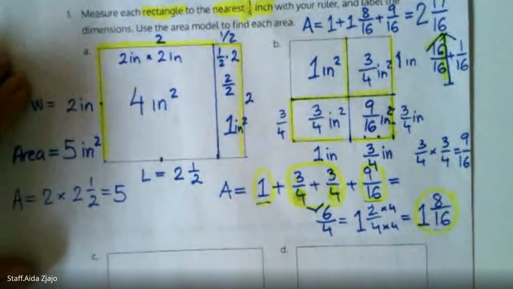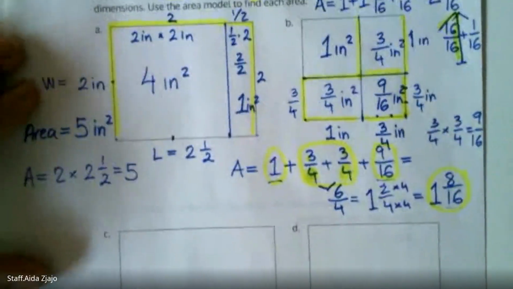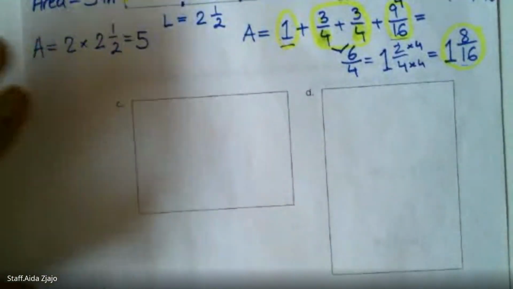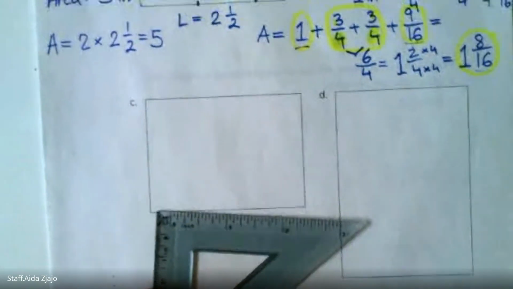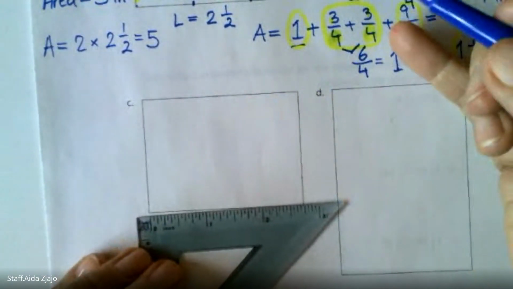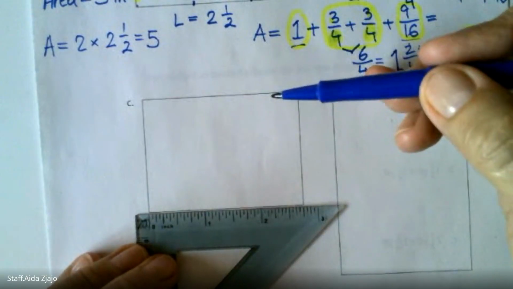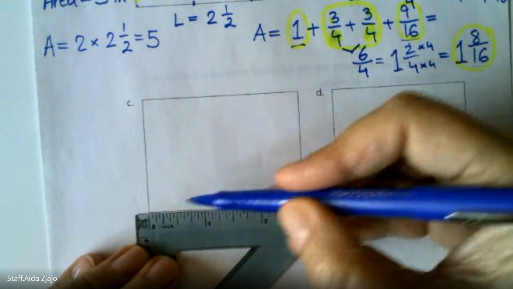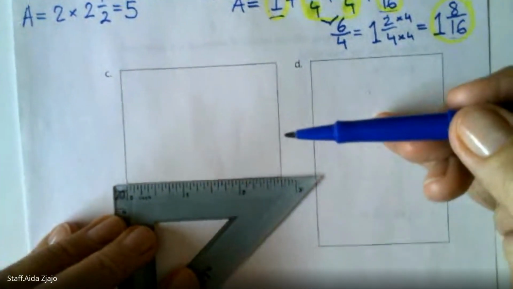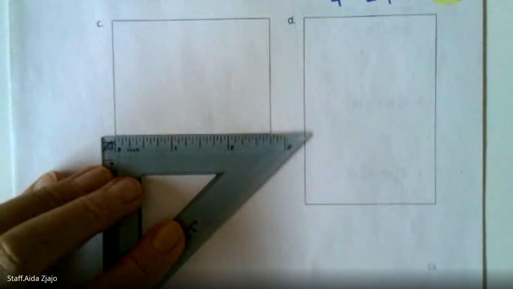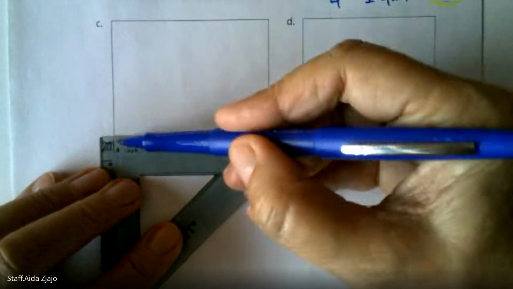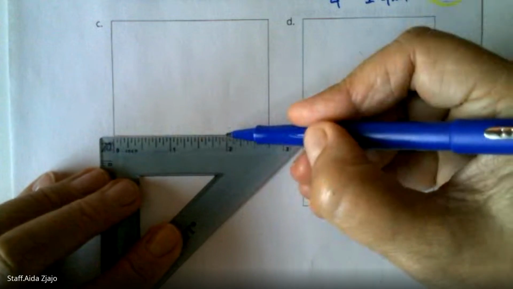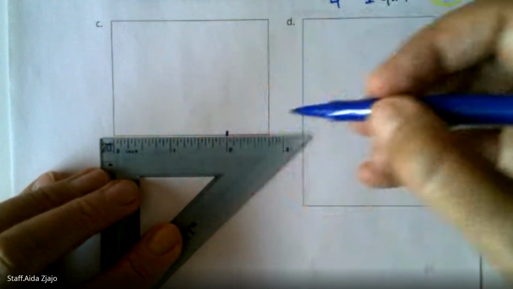Okay, let's move on to C. Let's see, the length would be, okay. I'm gonna shorten it, if you can see it. This is 1 inch, 2 inches. So I'm gonna just go 2 inches.